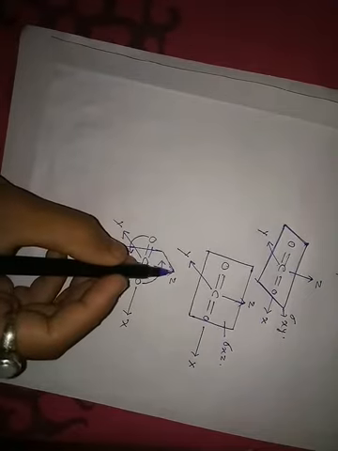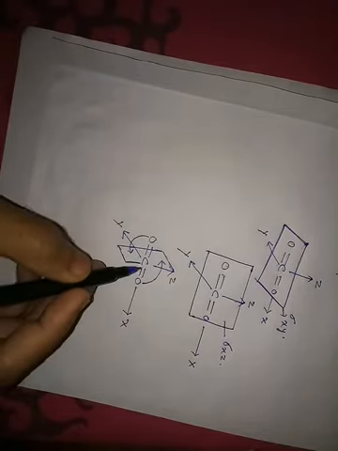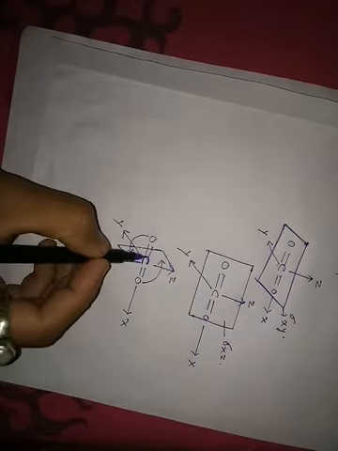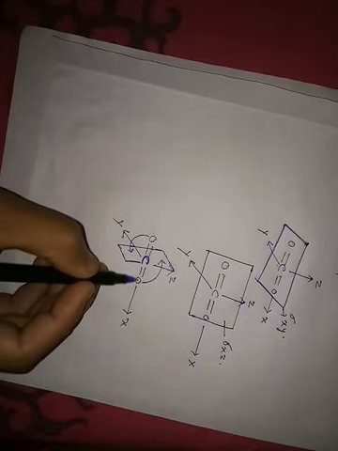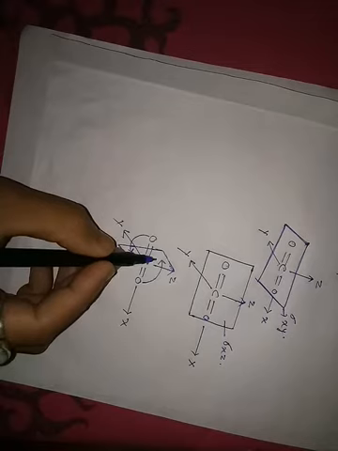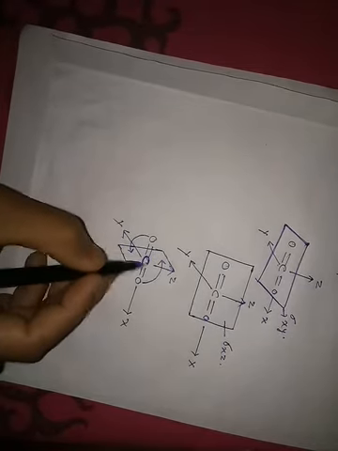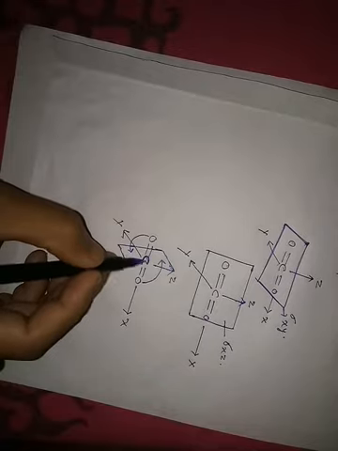So along the yz plane, only this carbon atom is not reflecting, it's at the same position, but this oxygen is reflected and this oxygen also is reflected. So in this case the unshifted atom is only one, only this carbon atom. So here we can write one.